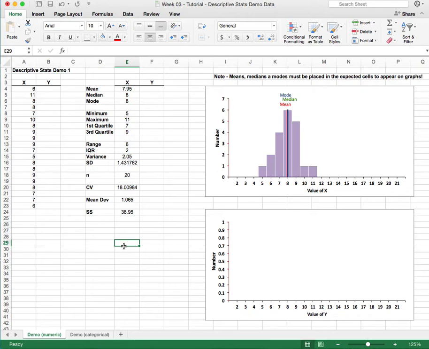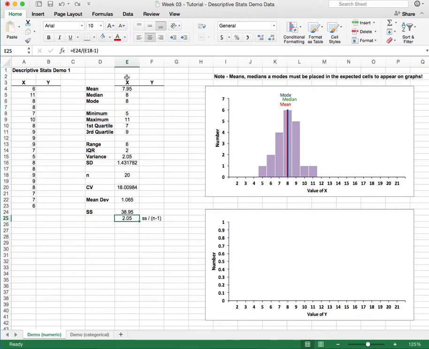Now, one thing, actually let me pull this back here for a moment. Most of you probably already know this, but you want to make sure that your mathematical operations happen in the right order. To do that, we use parentheses in Excel. If you notice here, I used parentheses around this n minus 1, because I want n, the 20, minus 1 to happen before the division takes place.